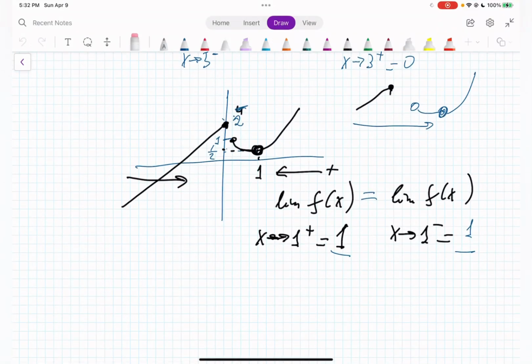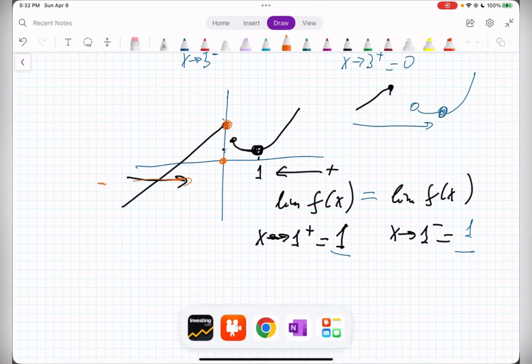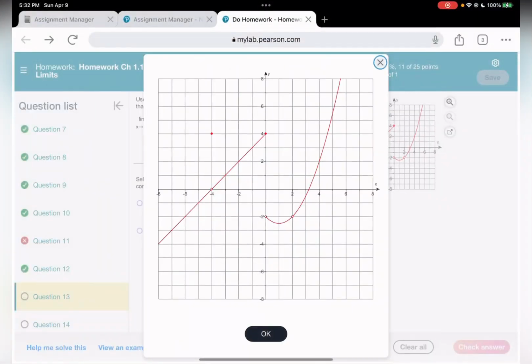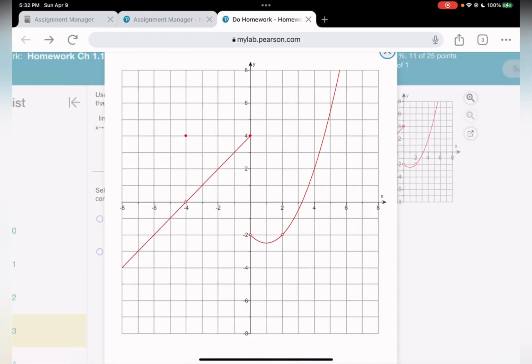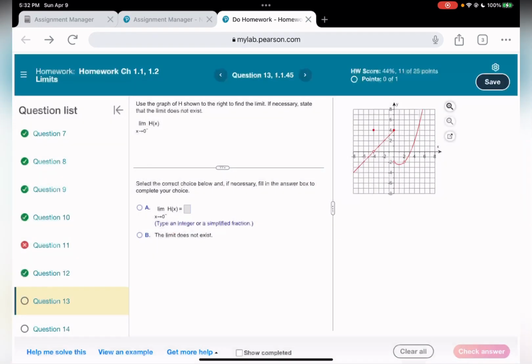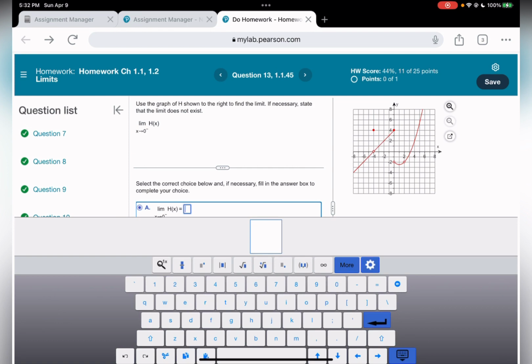Let me clean all this. This is my 0. And from the negative side, it's going to be this point, right? So let's see how much the value was. It's 4. Precisely 4. Negative. From the negative side. Okay. We put 4.